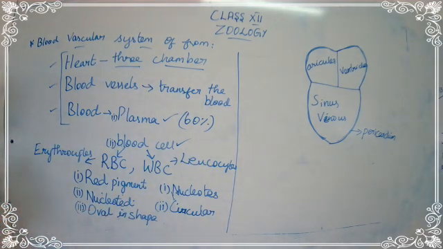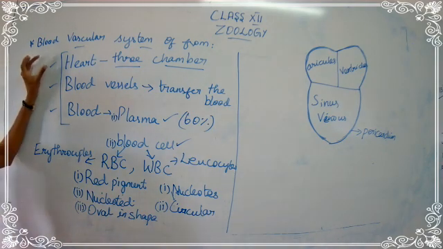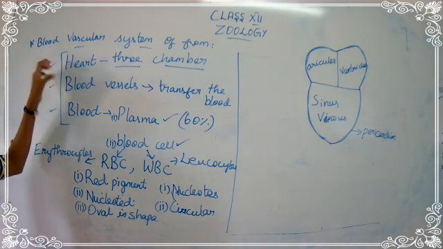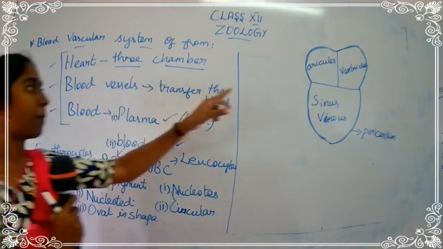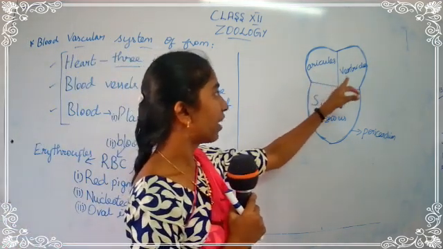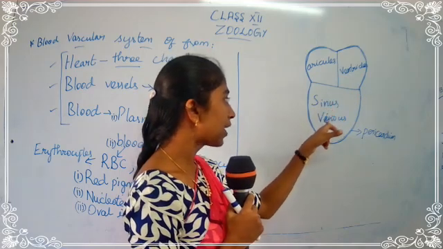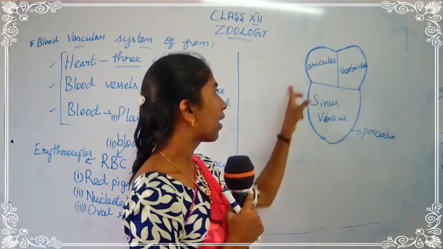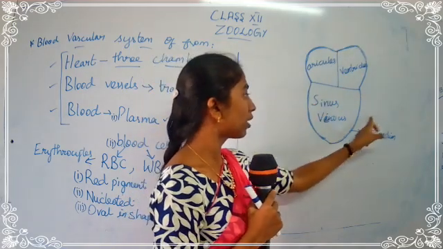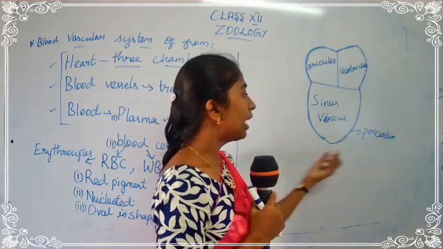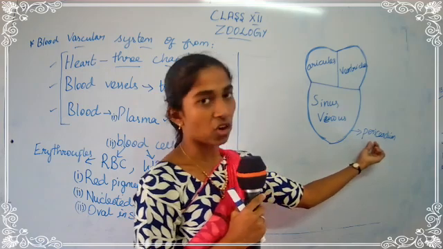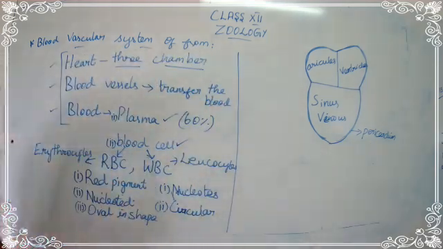Okay. And then the heart of the frog is divided into three chambers. The names of the chambers are auricles, ventricles and sinus venosus. And the wall of the heart is covered by a thin layer. That layer's name is pericardium. Okay, are you clear? Okay, very good.